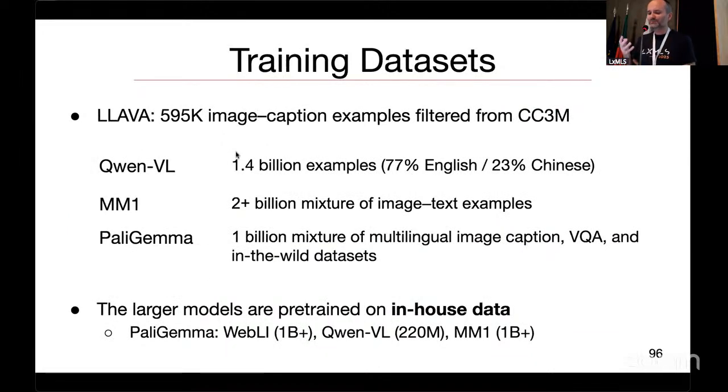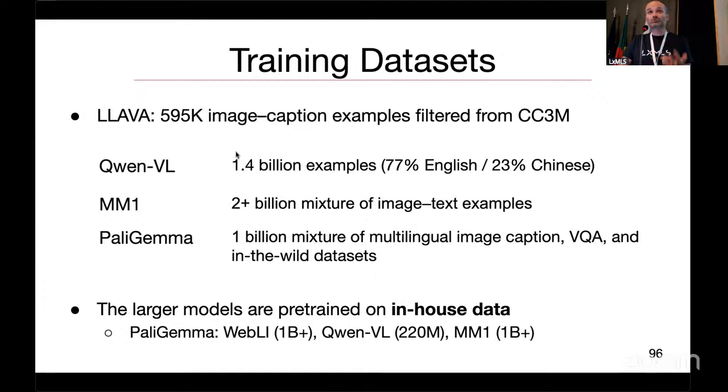And so back in early 2024, the training data sets we saw here, LLaVA was trained with about 600,000 image caption examples filtered from Creative Commons. And then we have the family of different commercial proprietary models, which are trained on billions of examples. In this case, Qwen was 1.4 billion examples split between English and Chinese.